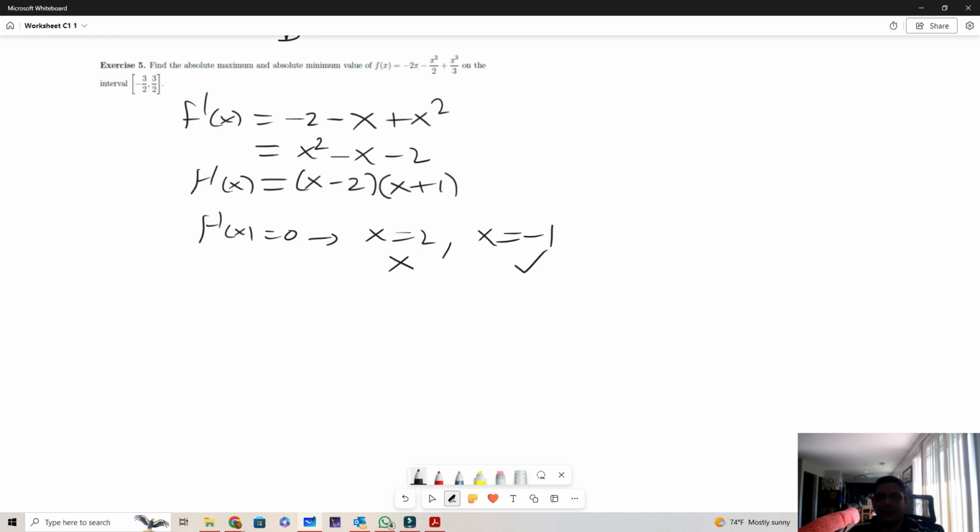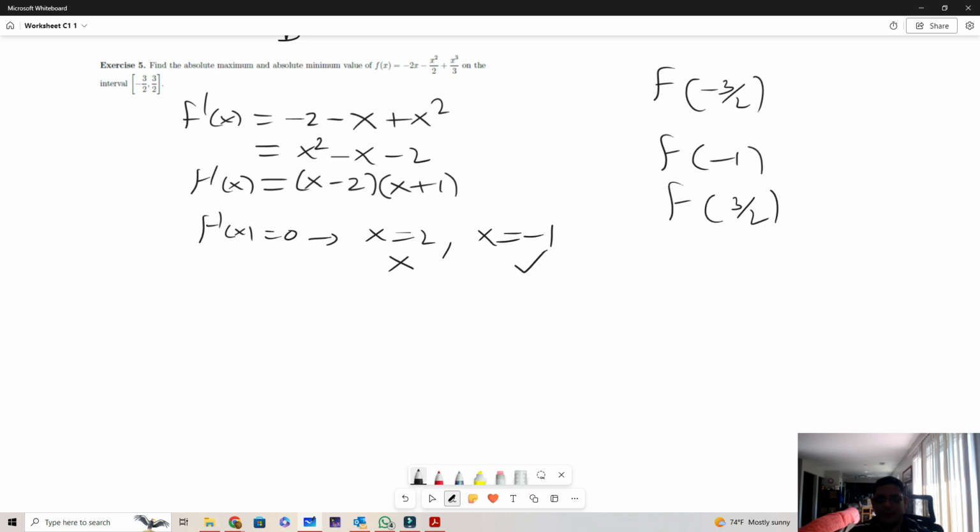This means that to find the maximum and minimum, we need to find the values for f of -3/2, f of -1, and f of 3/2.